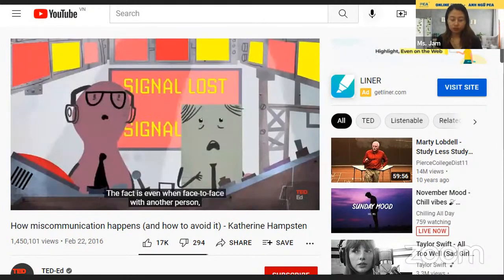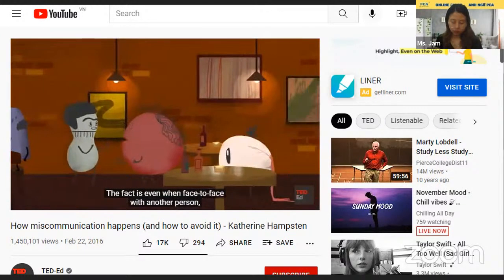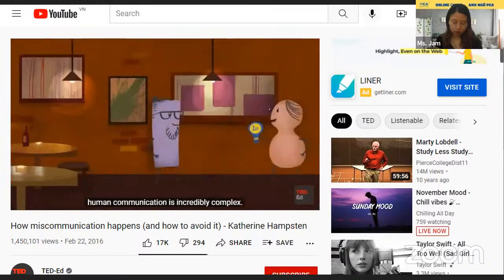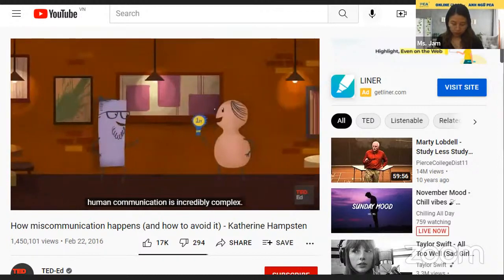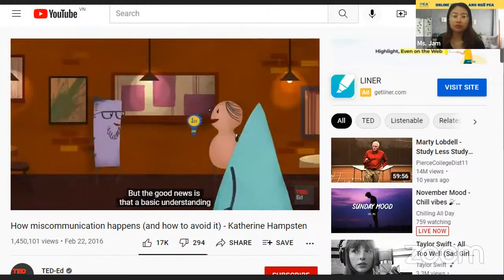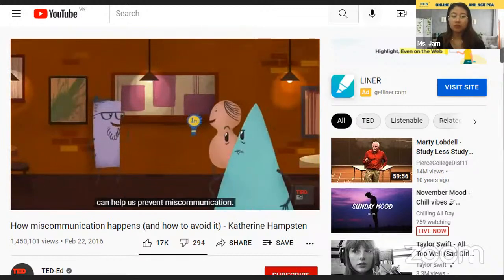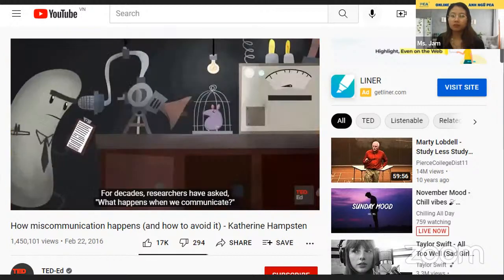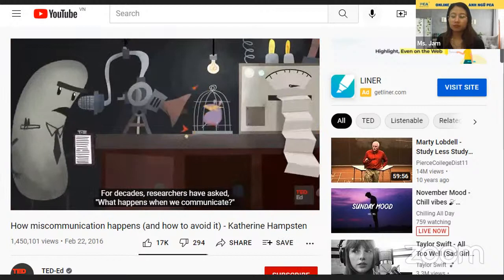The fact is, even when face-to-face with another person, in the very same room and speaking the same language, human communication is incredibly complex. But the good news is that a basic understanding of what happens when we communicate can help us prevent miscommunication. For decades, researchers have asked what happens when we communicate.